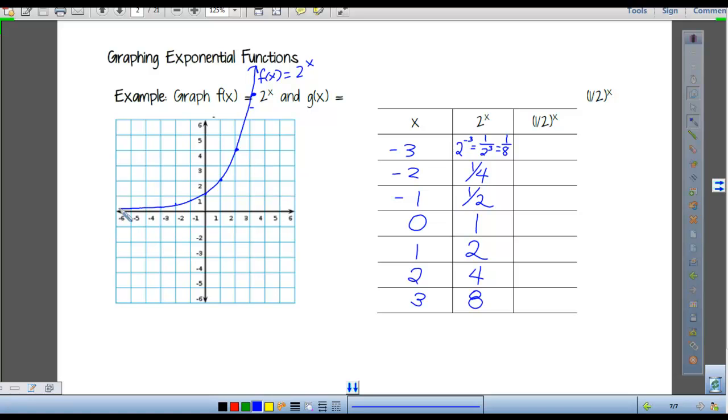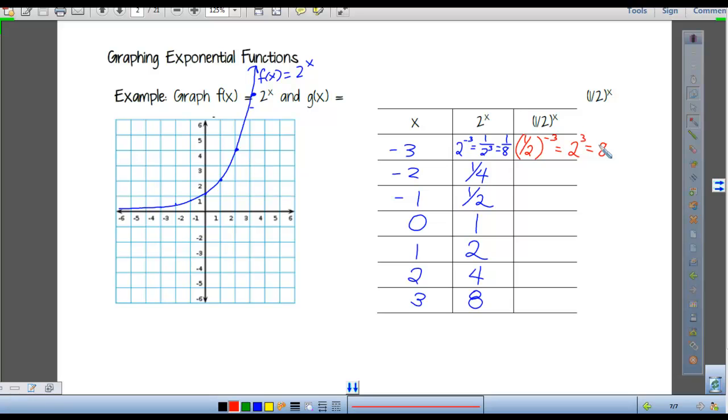Okay, let's think about that. We'll go ahead and look at the second one and see what we get. Okay, if 1/2 to the -3, okay, that's the same thing as saying 2 to the what? 3rd power, or 8, right?